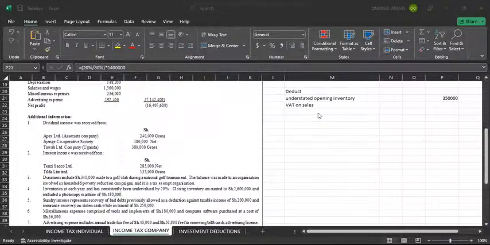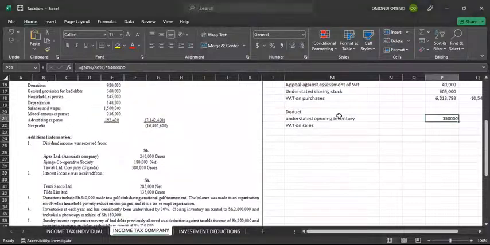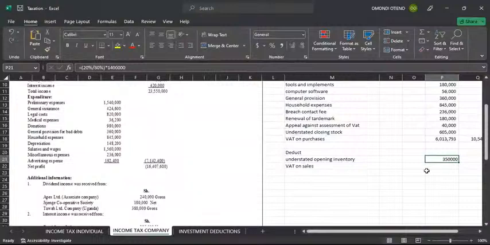Okay, so that is now clear. So let's look at this one here. VAT on sales, we are told it is 16%. So whatever we are given here as 64 million is 116%.